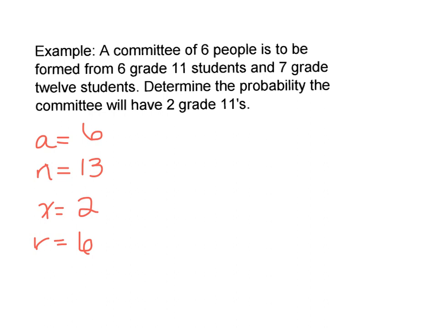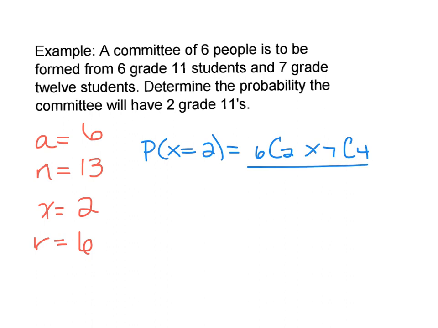So now that we have all of our values, just like before, we're going to plug them into the formula. So the probability of x being 2, not 6, the probability of x being 2 is going to be 6 choose 2 times 7 choose 4 over 13 choose 6.